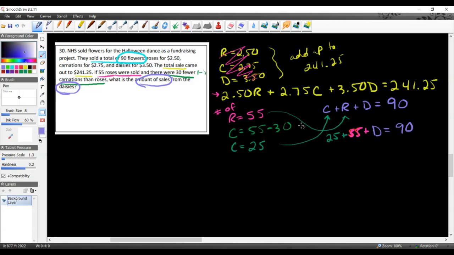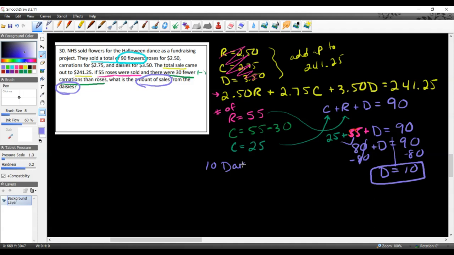Okay, so just go ahead and add them up. 25 plus 55, that would be, let's see, 60, 80. That's going to give us 80. So those two give me 80, plus D is equal to 90. And it should be obvious what D is equal to, but if not, it's okay. We can keep doing more math. So minus 80 to both sides. So D is equal to 90 minus 80 is 10. So there were 10 daisies sold.